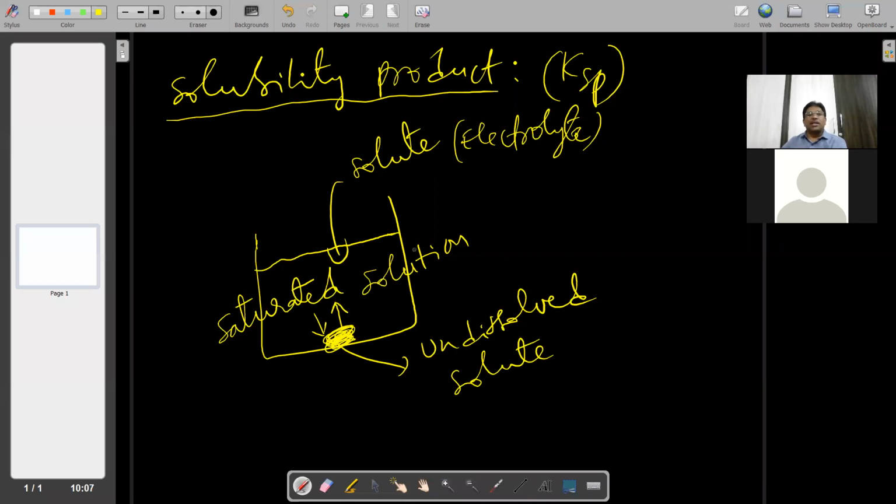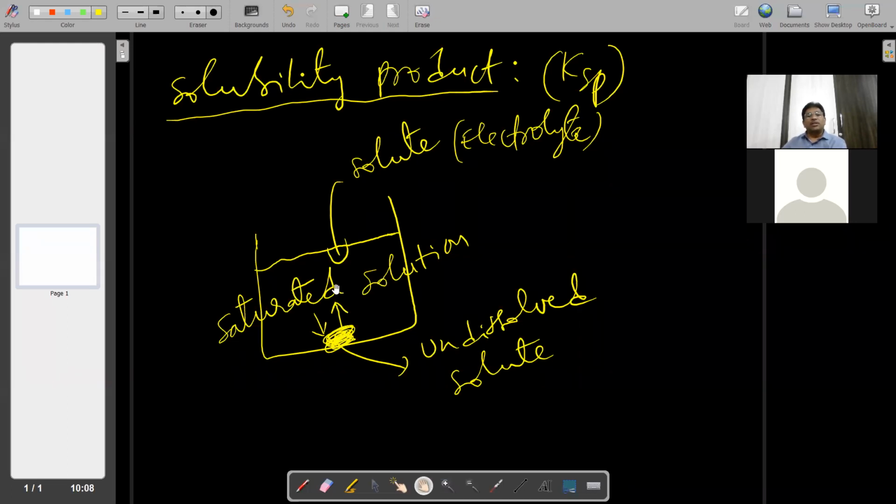Now what we have to understand is that when you go on dissolving solute in this solution, at one point, when you add more solute, it will not be dissolved. Whatever is the required amount, only that much will be dissolved in this solution. The extra that we add will go to the bottom and settle as undissolved solute.